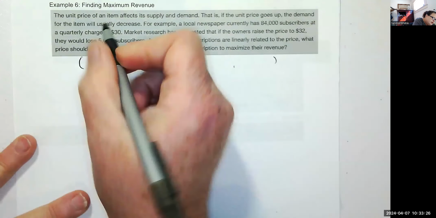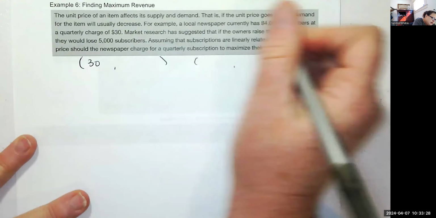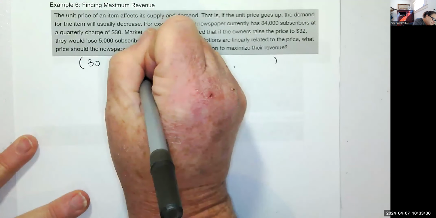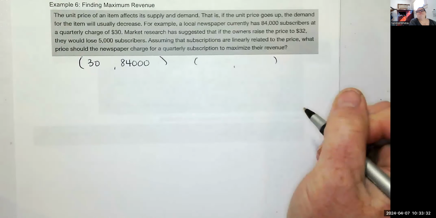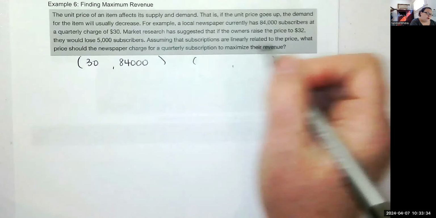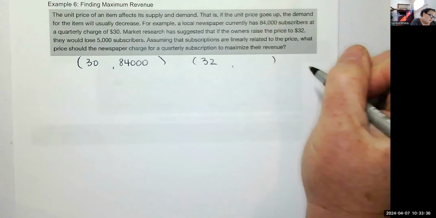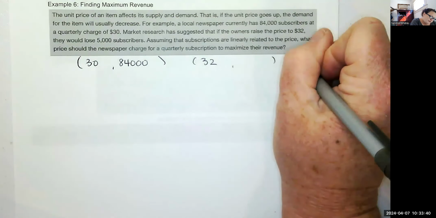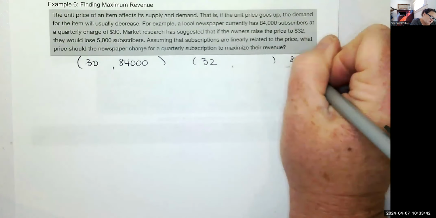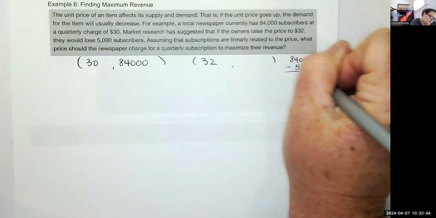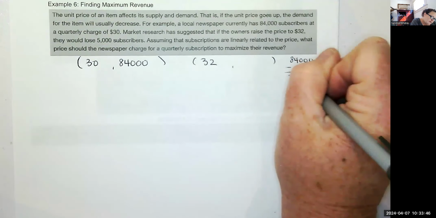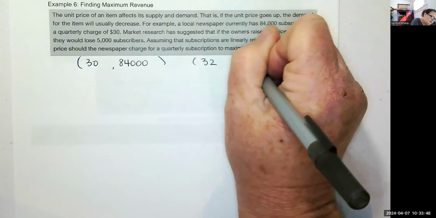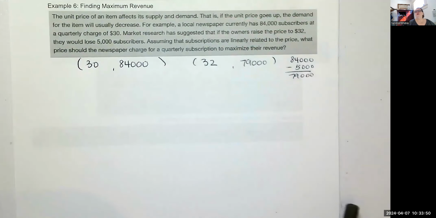When they charge $30, they have 84,000 subscribers. There's our first one. The second one is when they charge $32, they have 5,000 fewer subscribers. So when you take the 84,000 and subtract 5,000, I think that's 79. So we have 79,000 subscribers if they charge $32 per quarter.